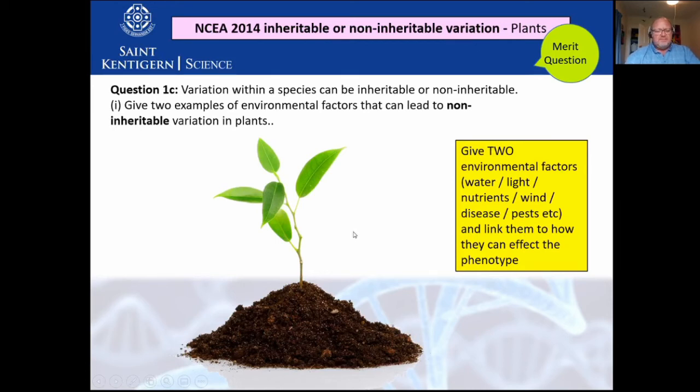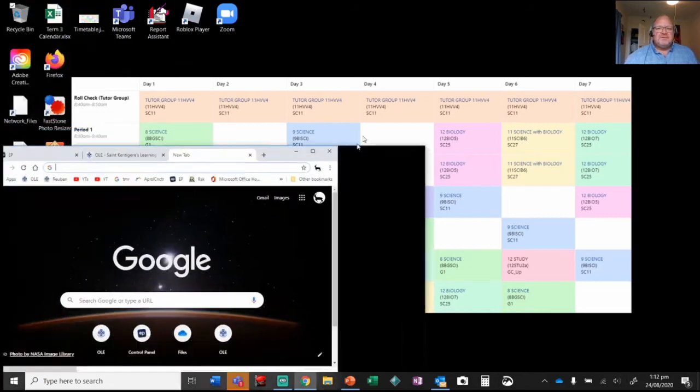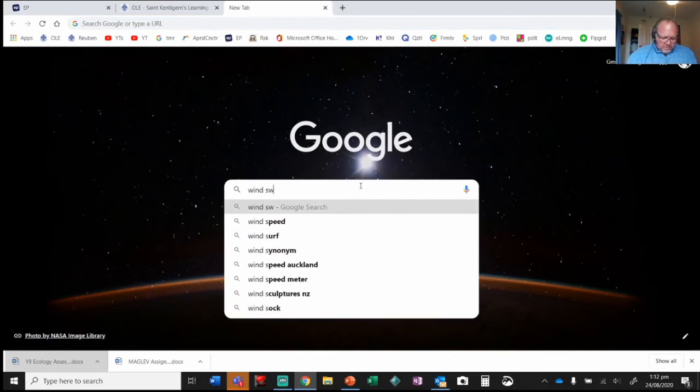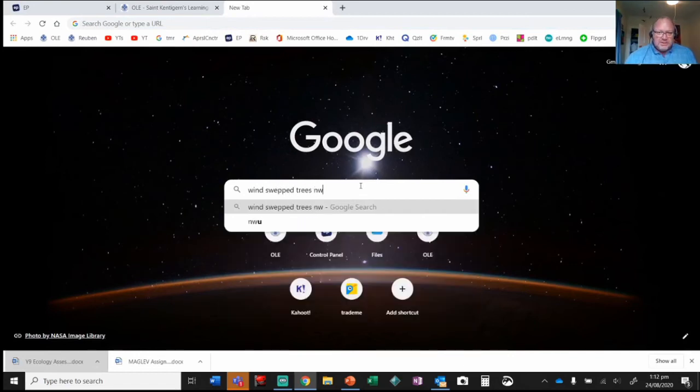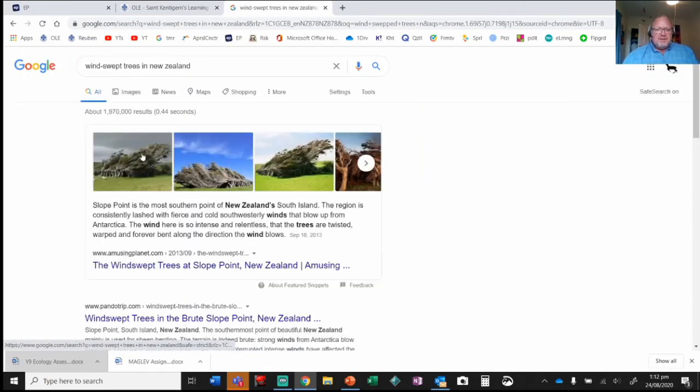Okay, I want to show you a quick picture of some trees that I recently showed my year 12s. Windswept trees, New Zealand. Check out these trees.